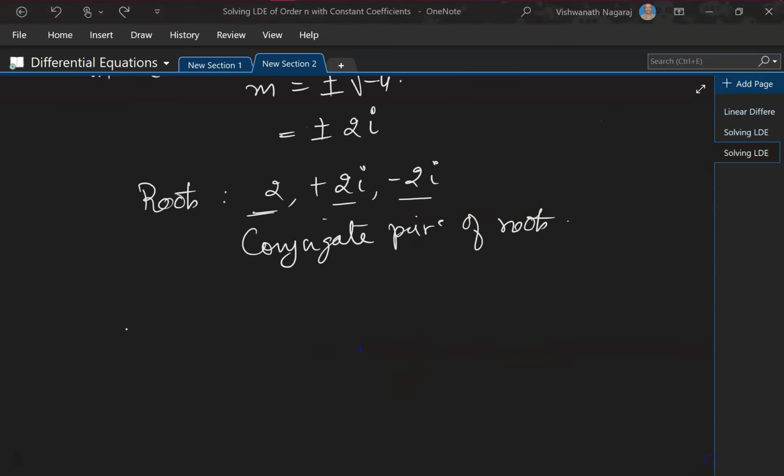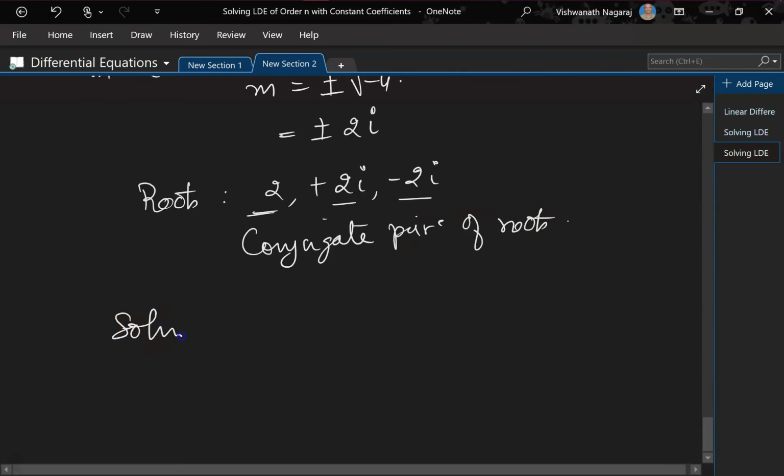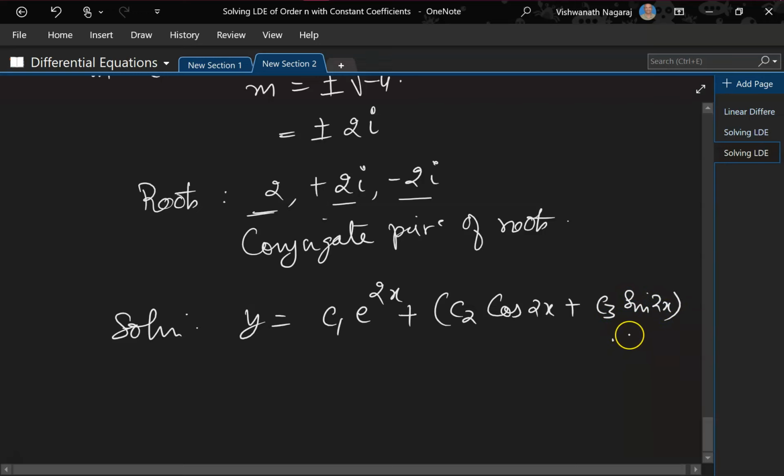Okay, so the solution would be y is equal to, the first is real, so this would be c1 e to the power of 2x plus, then you have the conjugate pair, so (c2 cos 2x plus c3 sin 2x) times e to the power of 0x.